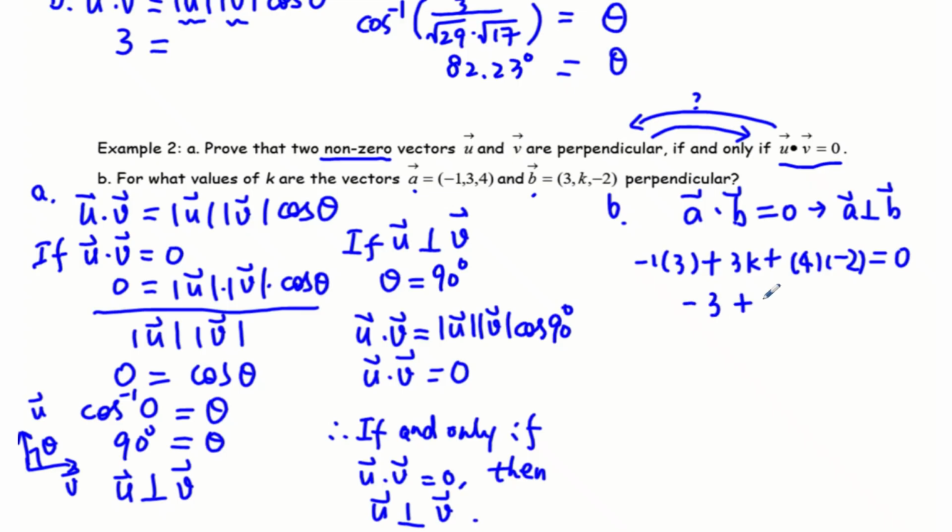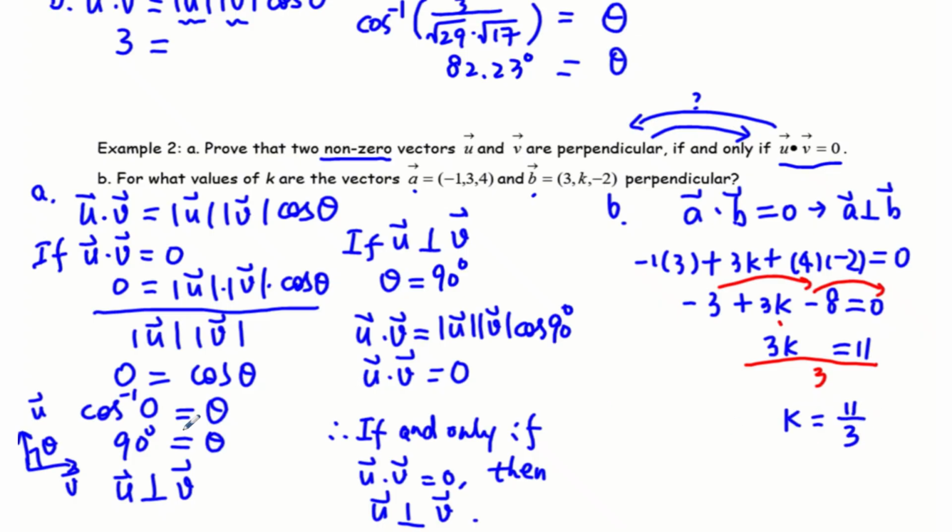Negative 3 plus 3k minus 8 equals 0. Linear equation. We need to isolate k. So move the numbers to other side. So 3k equals plus 3 plus 8, gives us 11. Then we don't want to see the 3. Opposite operation is division. So k equals 11 over 3.